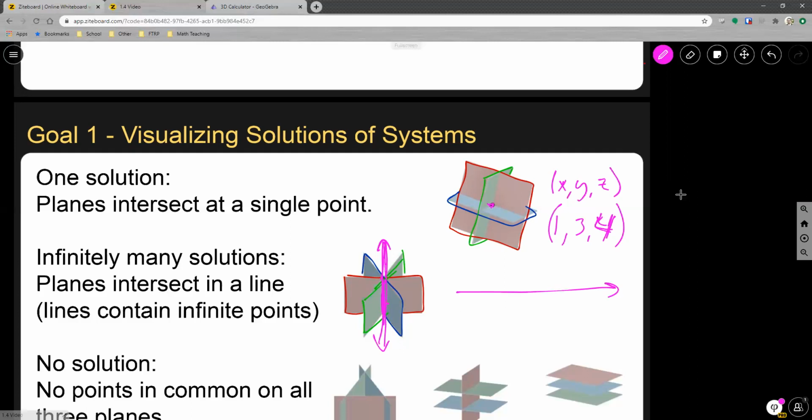If you remember from geometry, if I've got a line, on that line, I can draw however many points I want, an infinite amount of them.